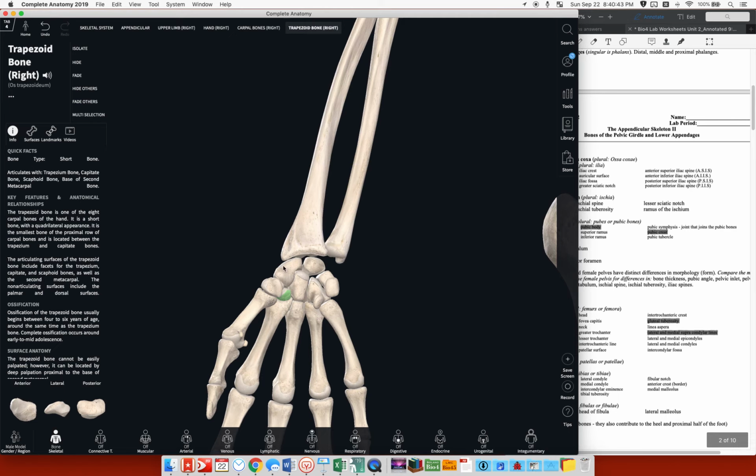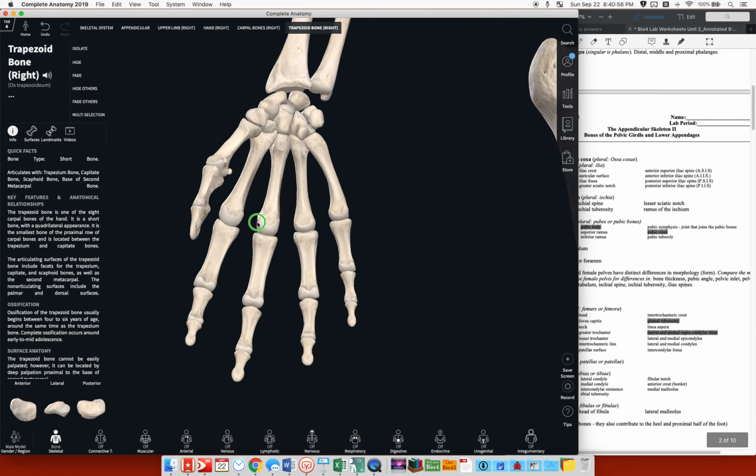Now the metacarpals can be numbered 1 through 5. This is the first metacarpal of the right hand. Second metacarpal, third, fourth, fifth. And on your digits, your fingers, digits 2 through 5 have 3 segments: the proximal, the middle, and the distal phalanges.